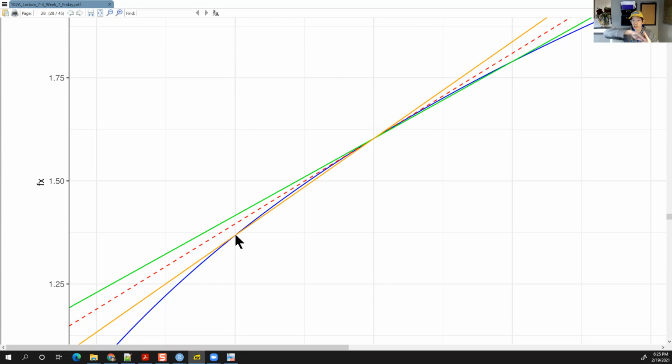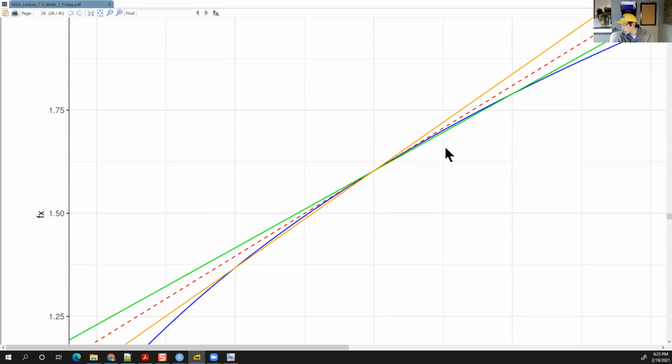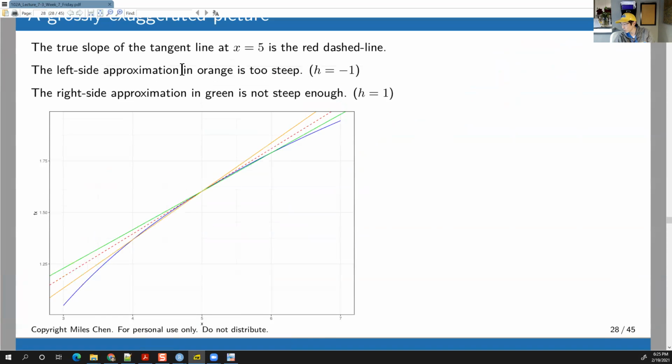And we can see because the slope curves like this, on the left-hand side, we're just a tiny bit too steep. And as it curves down over here, on the right-hand side, it runs through this point right in the middle, and then it runs through this point over here. On the right-hand side, we're a little bit too shallow. And again, this is grossly exaggerated.